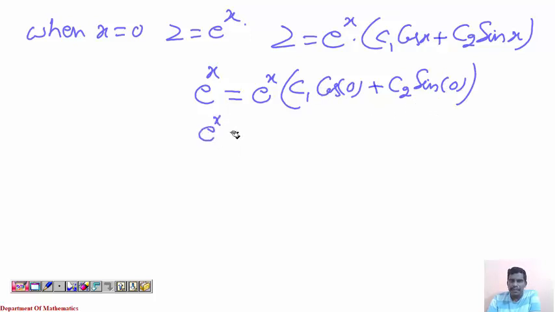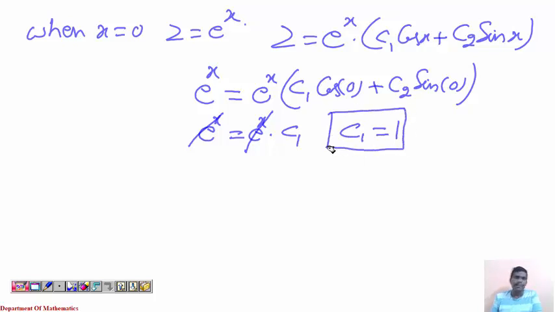Therefore, e to the power of x is equal to e to the power of x into c1, and this term is 0. The e to the power of x on both sides will cancel. The value of c1 will be equal to 1. This is the value of c1.